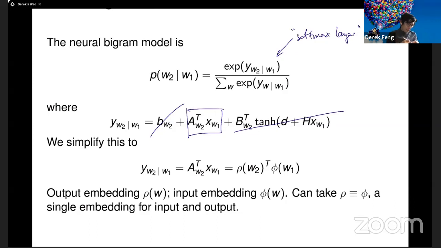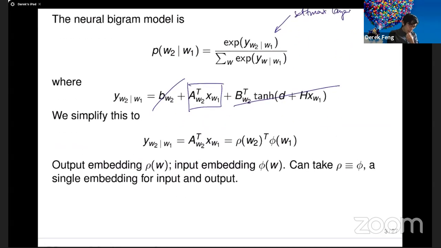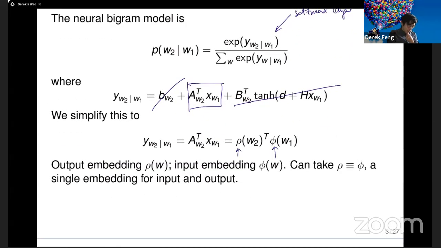Something we talked about on Monday was that in the general neural language model, you'll have two separate word embeddings, right?